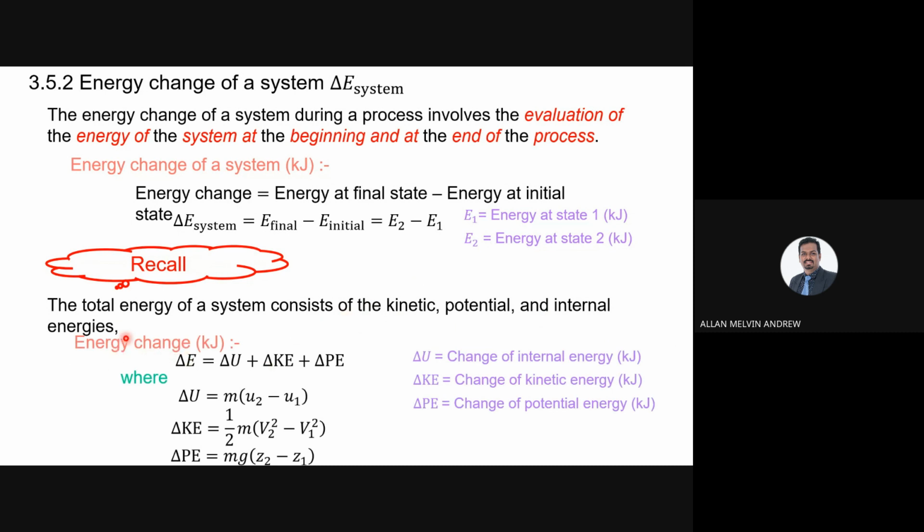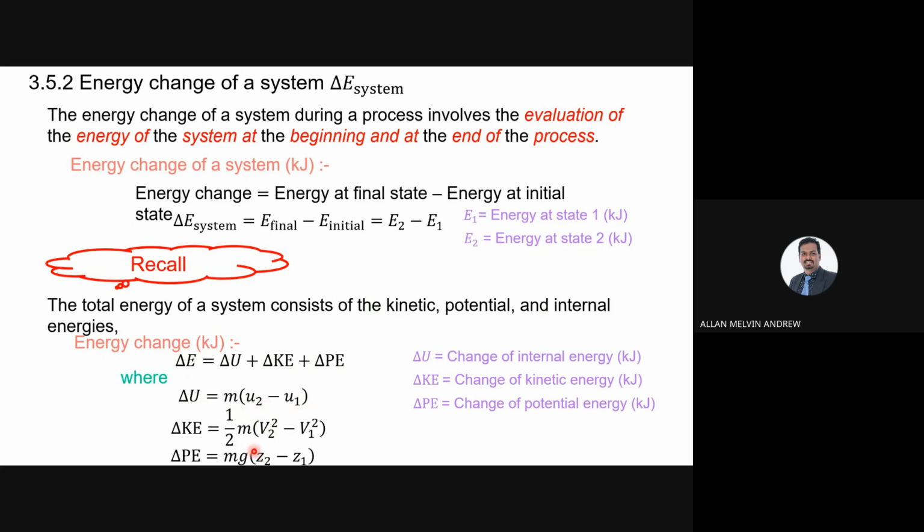Okay, so energy without the triangle, but energy change you write with the triangle. So triangle E, the change in E, equals the change in U plus the change in KE plus the change in PE. We know this is from part 1 also. The change of U equals m(U2 minus U1).